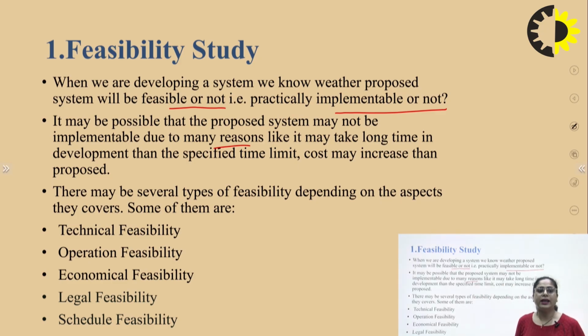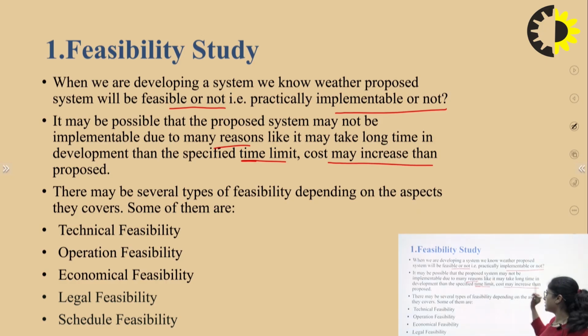Like, it may take a longer time in development than the specified time limit. We set some time limit for the particular software, but it is taking a long time for the implementation of that software. So, we check here whether the software is time feasible or not.